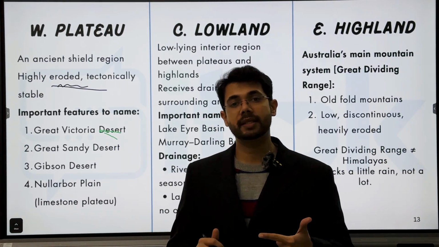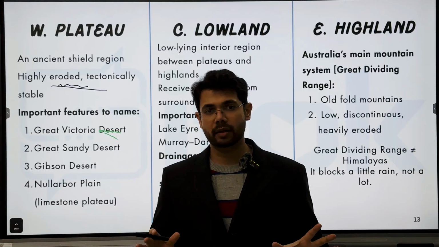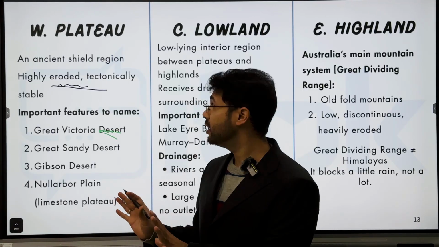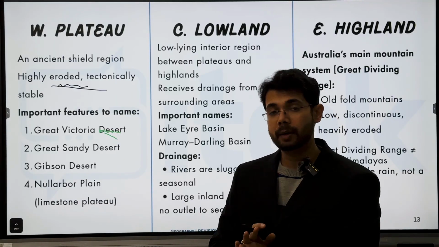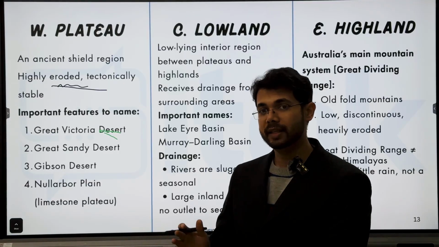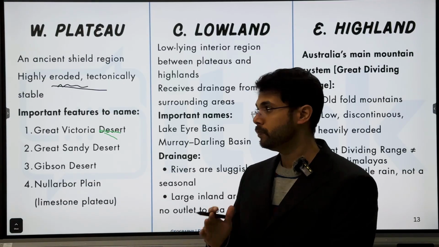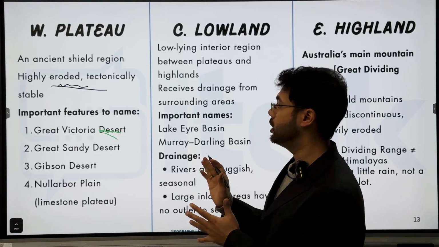What these two are doing is enforcing a huge amount of high pressure over the Western Australian plateau. Now, when there is no rain, it becomes extremely dry, and the winds over there keep on eroding those regions, thus resulting in a highly eroded, tectonically stable ancient shield region.